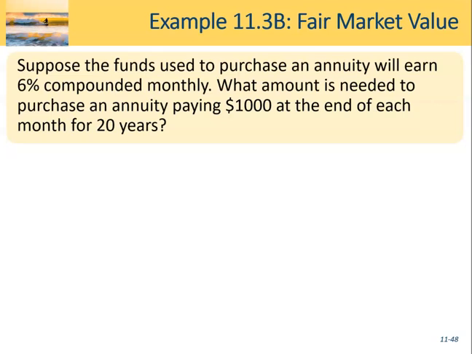We want to know what the present value needs to be now so that we will be paid the $1,000 at the end of each month for the next 20 years. And we know that the investment is going to be compounded monthly and it's going to earn 6%. Okay.